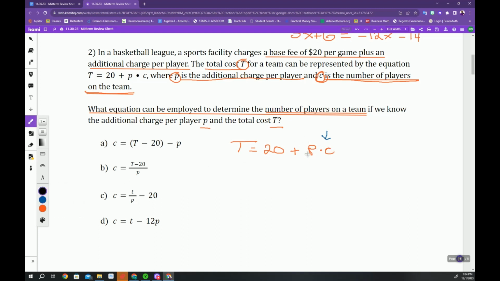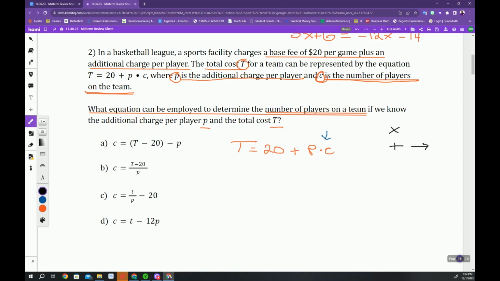If I want to get C by itself, I notice there's multiplication happening between P times C, and there's also addition happening with the 20. So we have multiplication and addition, and we're going to use inverse operations. So we're going to work backwards.